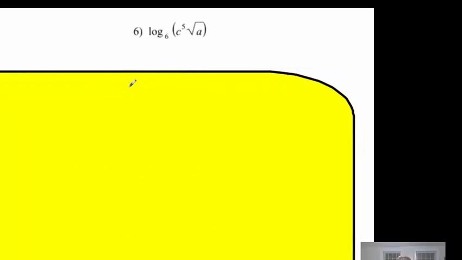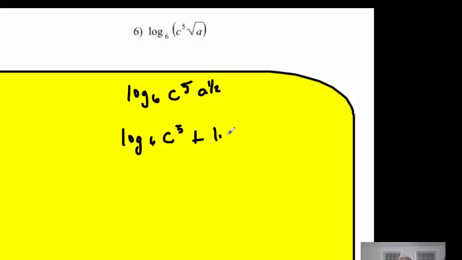Same concept here on number 6. Let's go ahead and convert this. This is log base 6 of c to the 5th times the square root of a. Well, square root of a, I'm just going to write as a to the 1/2 power, right? So I can say log base 6 of c to the 5th, and that's multiplying by log base 6 of a to the 1/2.